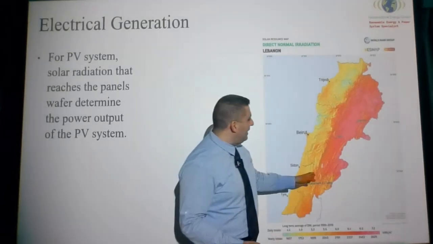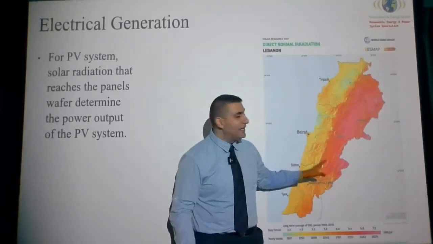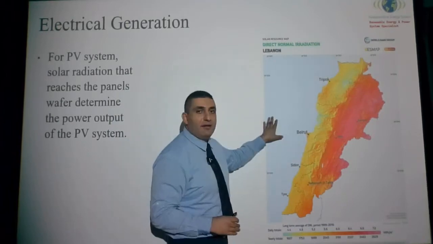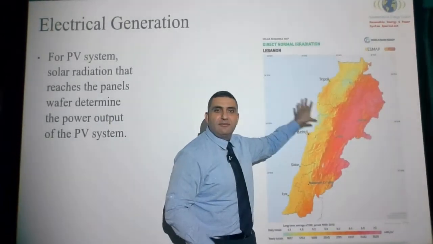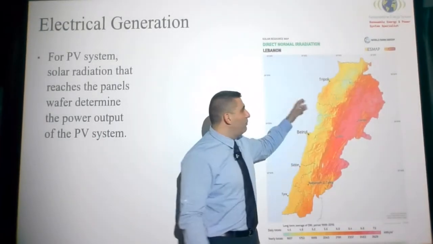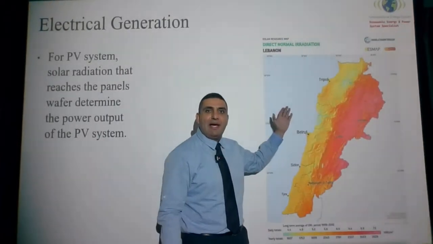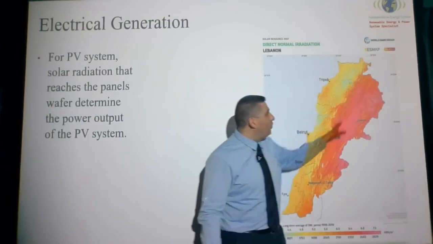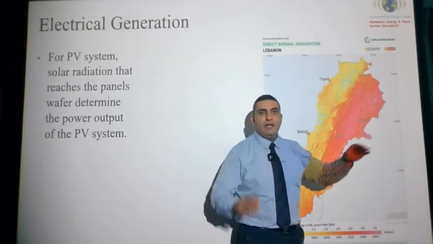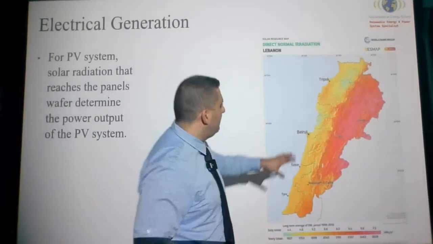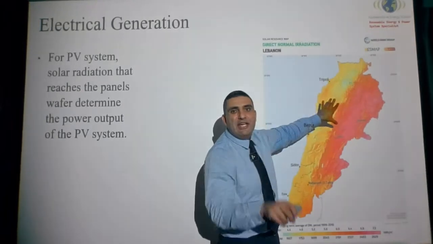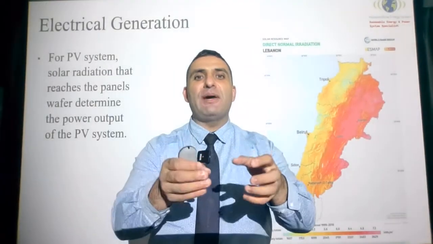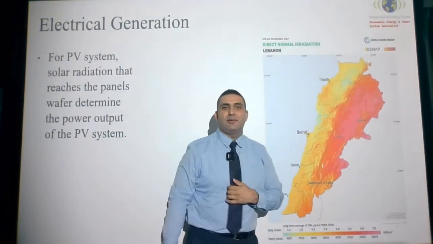In Lebanon there is the western mountain range and the eastern mountain range. The western range is very high, with great elevation above the sea. All the moisture, fog, and pollution from the coast, including water evaporating from the Mediterranean, will be blocked by the western mountain range, which means in this area the solar radiation that reaches your panel is less than the solar radiation that reaches your panel up the mountain or in the Bekaa Valley.